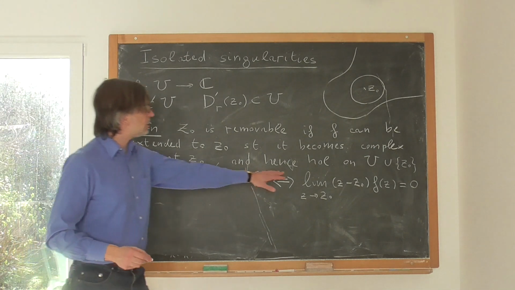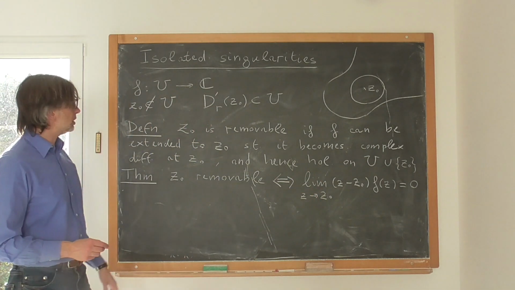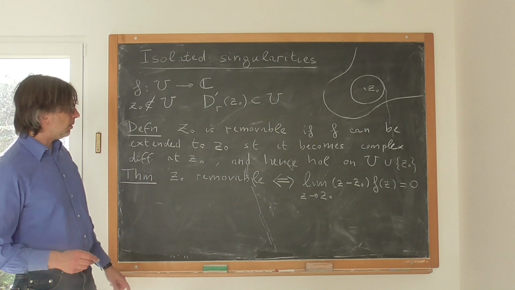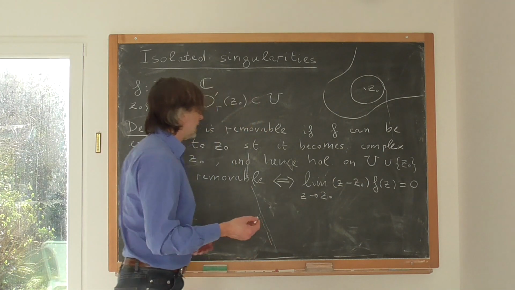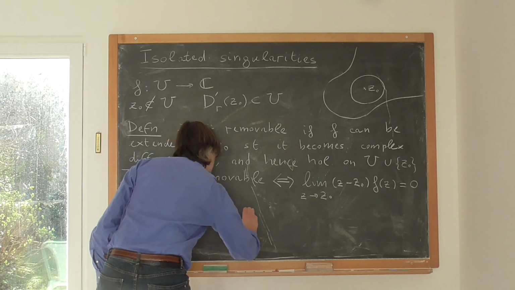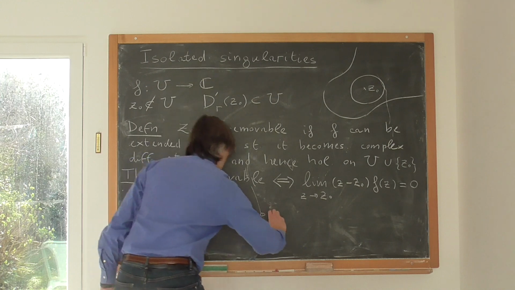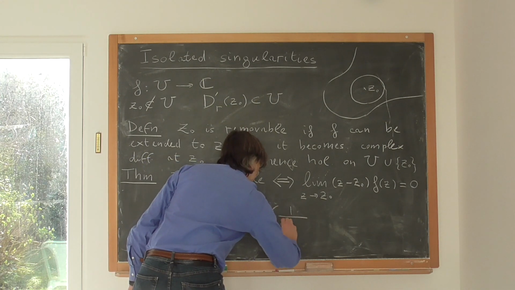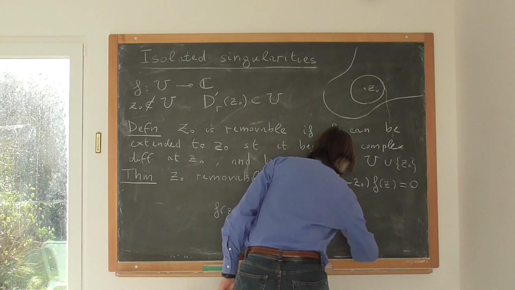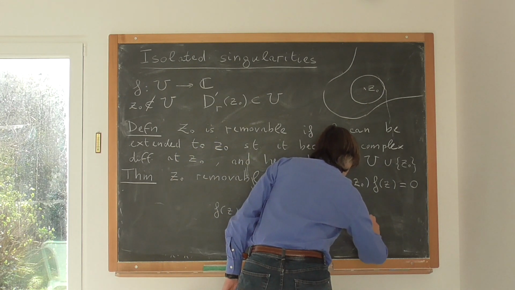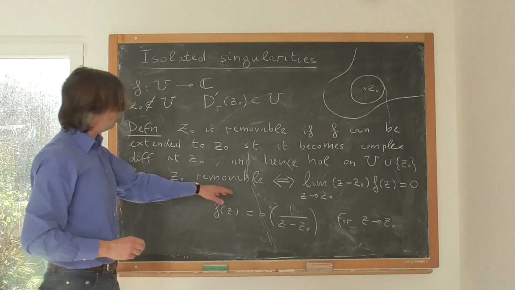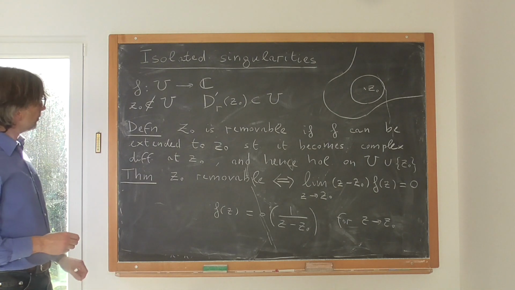Okay, so this condition is necessary and sufficient for the singularity z0 to be removable. Notice that this condition is saying nothing else but f of z is small o of 1 over (z minus z0) for z going to z0, using the Landau notation small o.